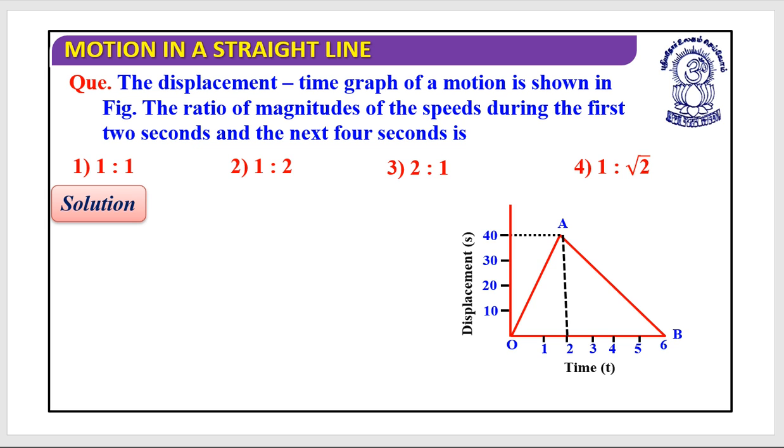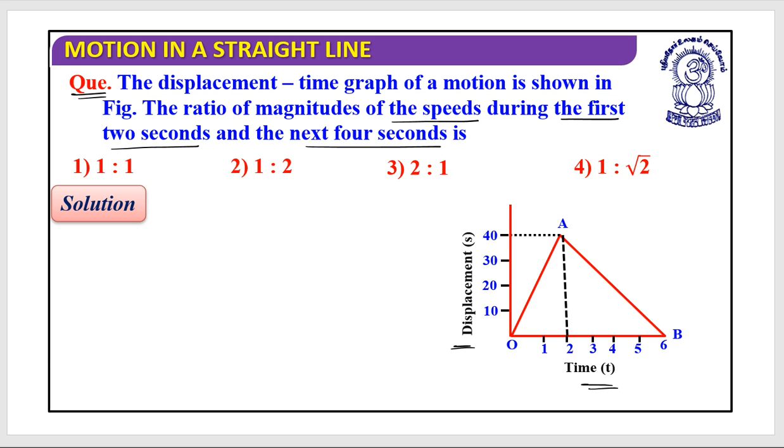Next question. Go through this. A displacement versus time graph has been given, and what you need to find out is the ratio of magnitudes of the speed during the first 2 seconds and the next 4 seconds. So basically you need to find out the speed.